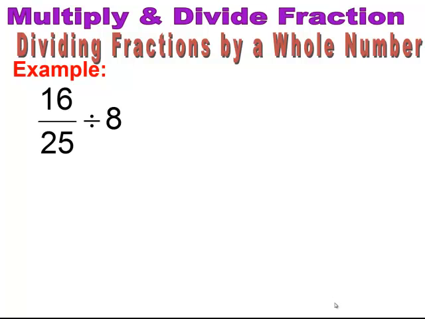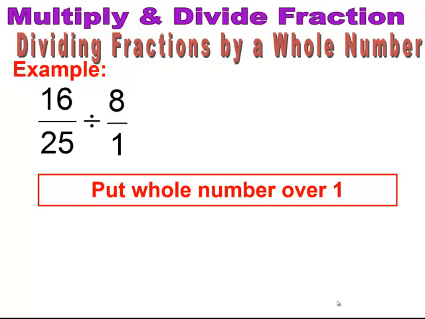And just like multiplication, with division and whole numbers, you always want to make sure you put the whole number over 1, especially with division, and if it's the second number. If it's the second number, you're always going to have to get the reciprocal.